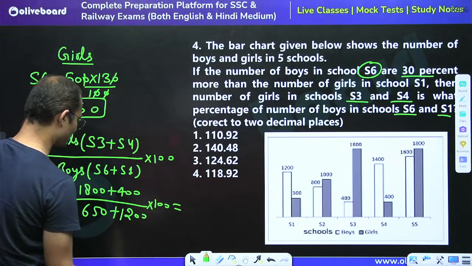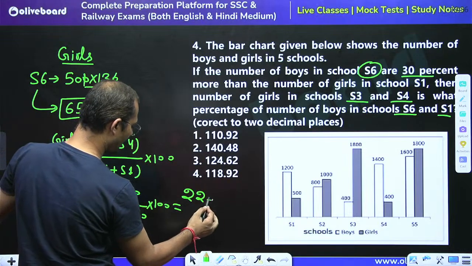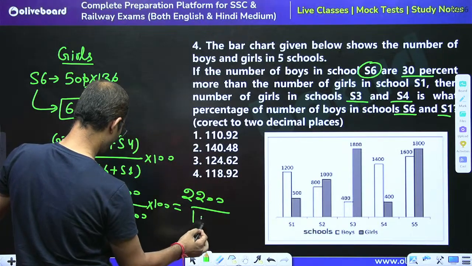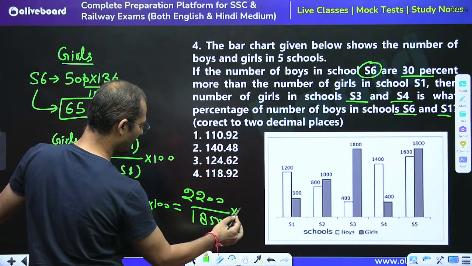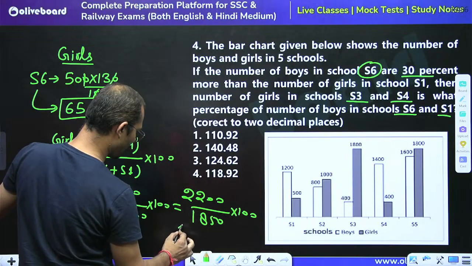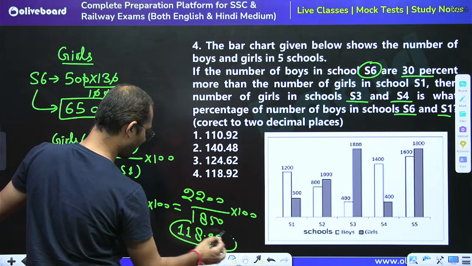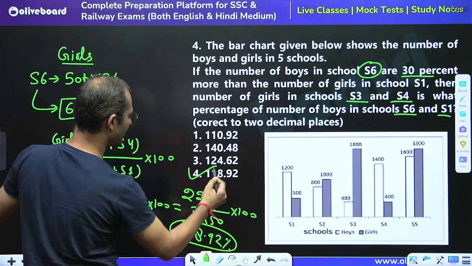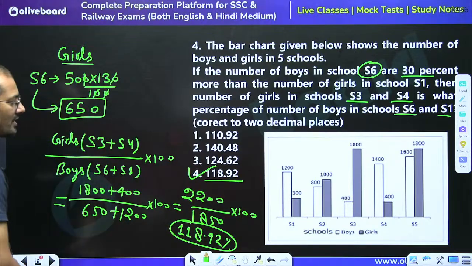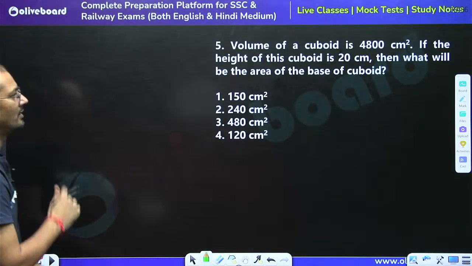After solving this we get 2200 divided by 1850 into 100, which gives 118.92, right? So 118.92% is the right answer. The fourth option is the right answer.